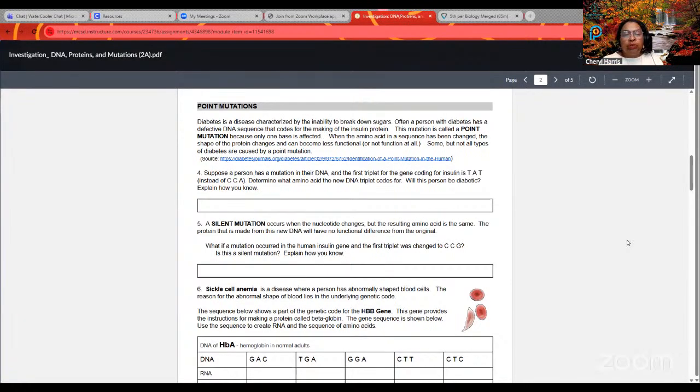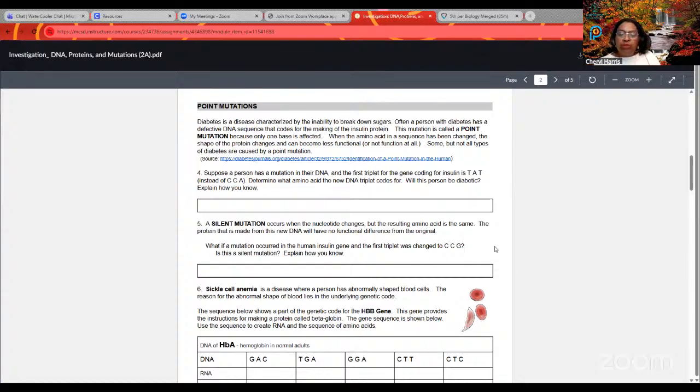And so we looked at the fact that insulin or diabetes is the disease caused by a point mutation, meaning that there is a particular set of nucleotides that have been rearranged on the strand, creating a different amino acid. So you can isolate the one amino acid that is causing the difference. That's point.